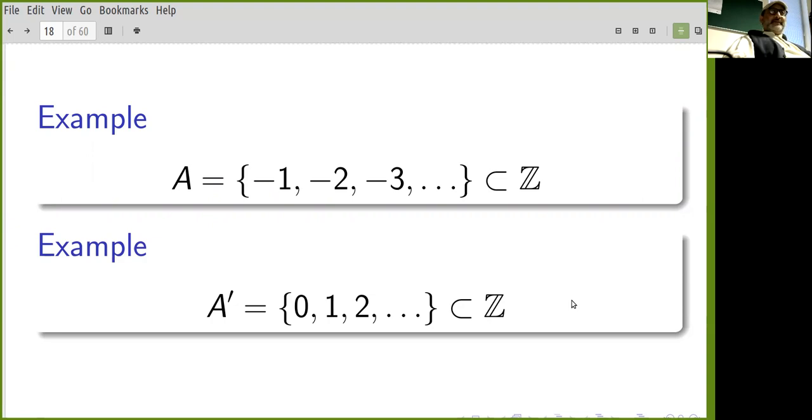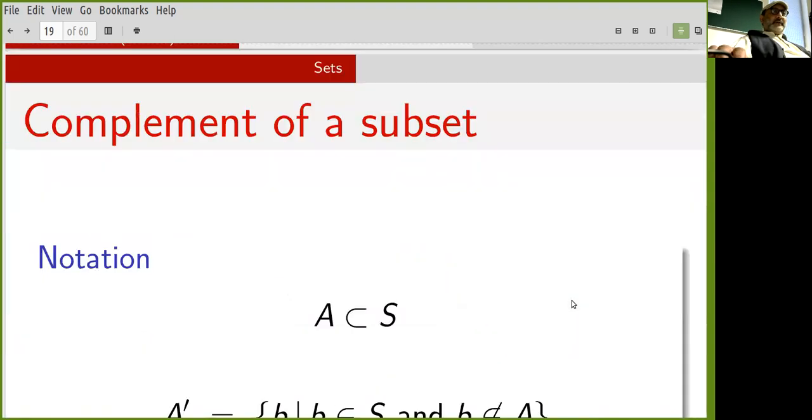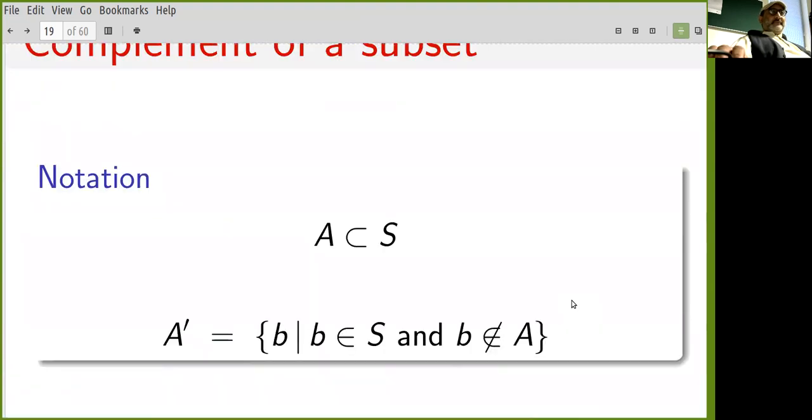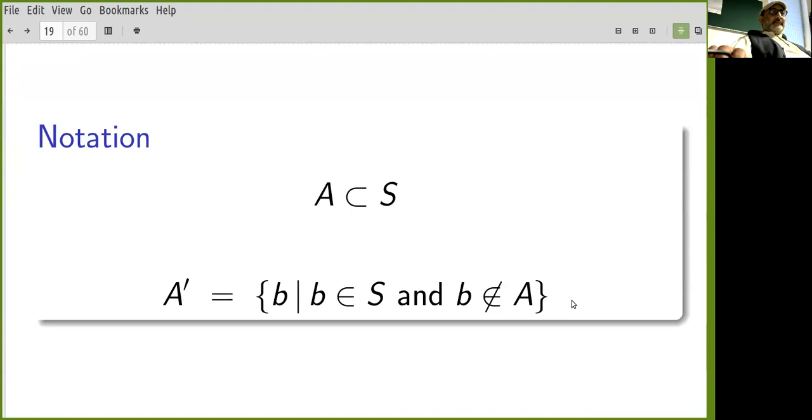A superscript C and A dash are the same thing. So the definition for A complement with respect to S, where A is a subset of S: A prime consists of all those B which are in S, with B not an element of A.